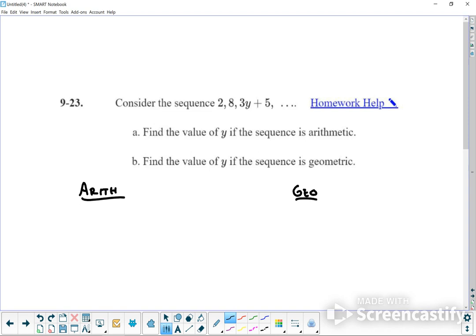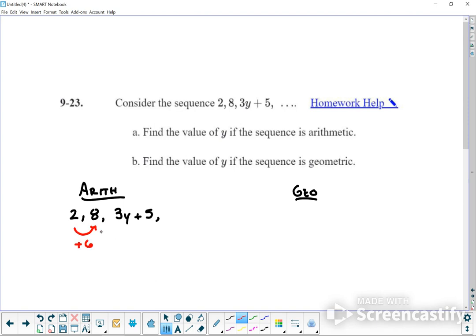Okay. So if it's arithmetic, remember arithmetic means that you're adding or subtracting the same thing every subsequent number. So if it starts with 2, and the next number is 8, the next number is 3y plus 5. Okay, let's see what the pattern is, right? So from 2 to 8, we're actually adding 6.